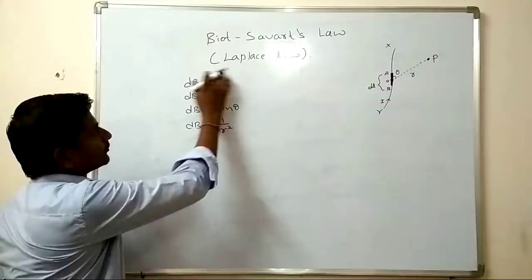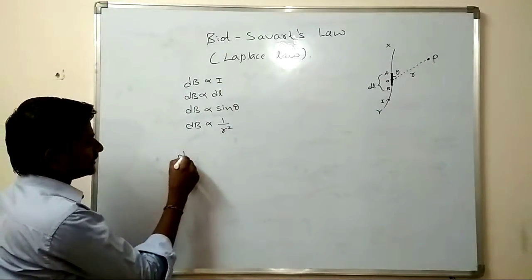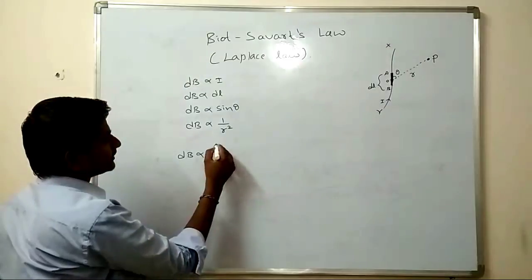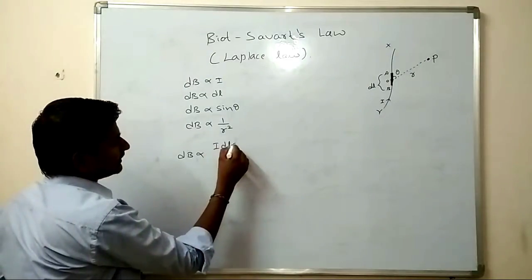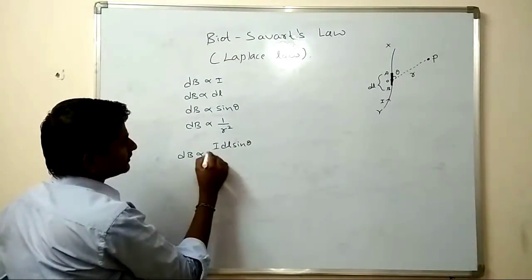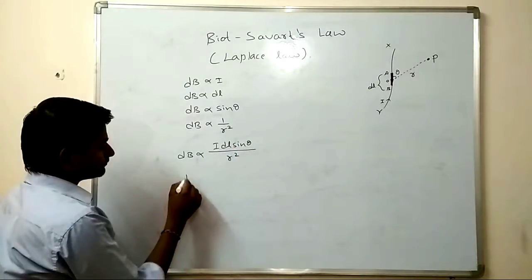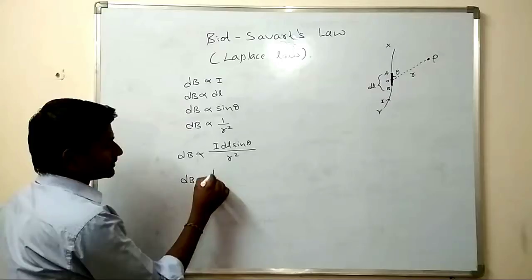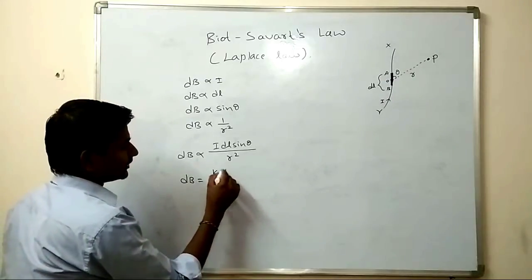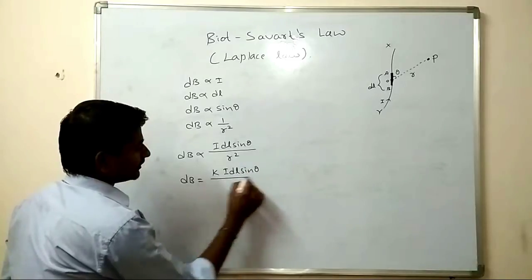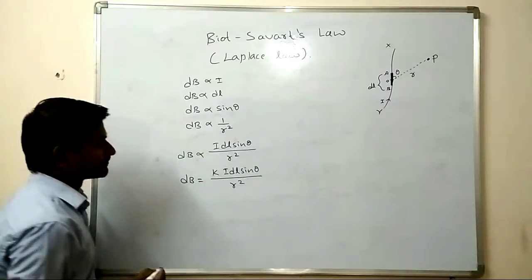Combining all these 4 points together, we can write dB is proportional to I into dl into sin theta divided by r square, or dB is equal to some proportionality constant k into I dl sin theta divided by r square.